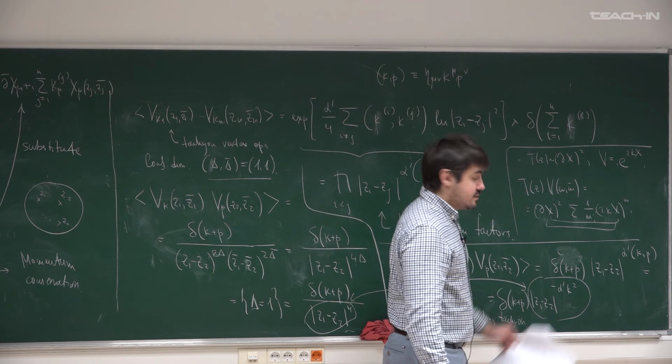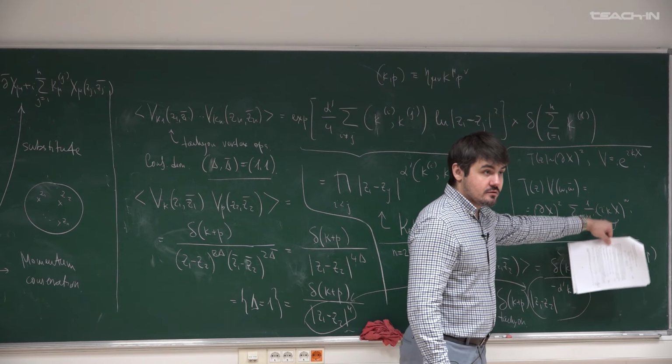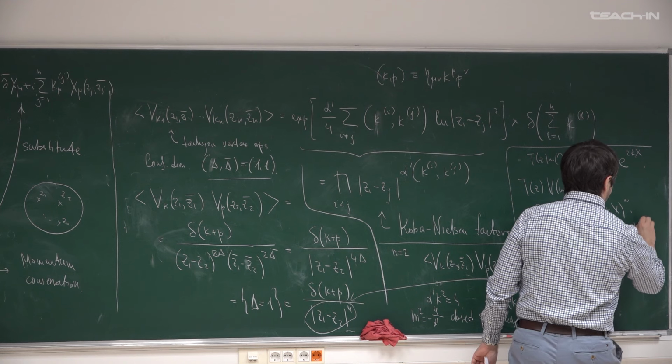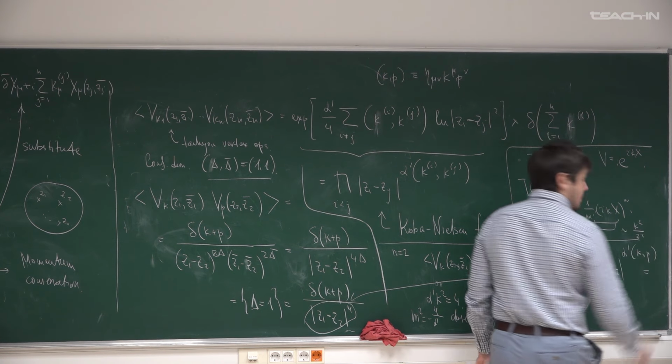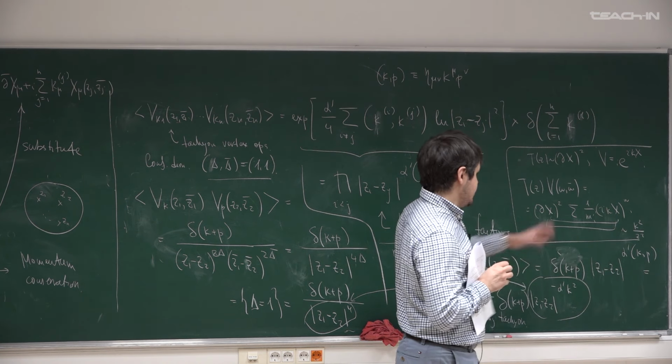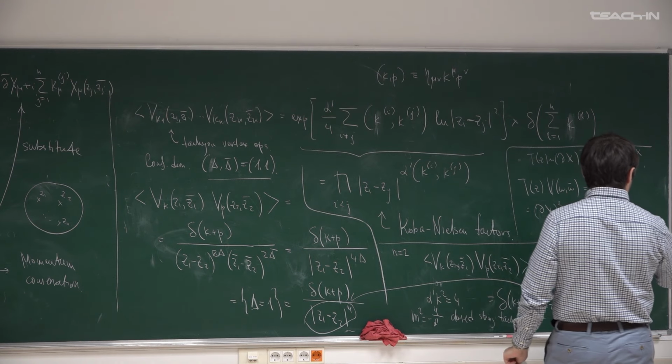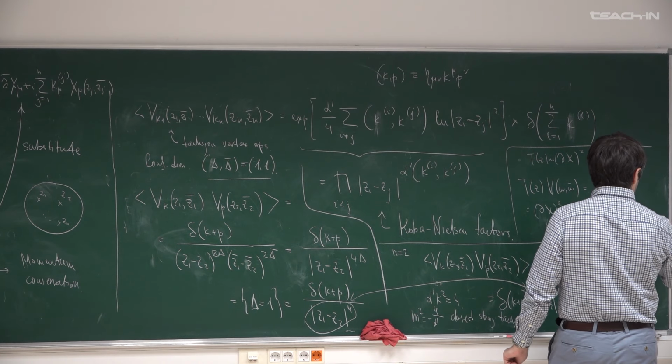In this way, you precisely get k squared. So this will be proportional to k squared over z minus w squared, times something that will resum back into your vertex operator.